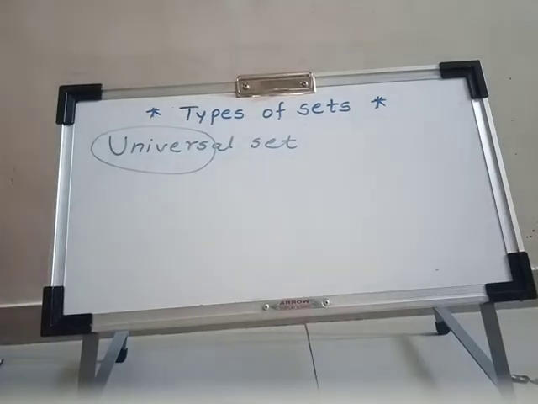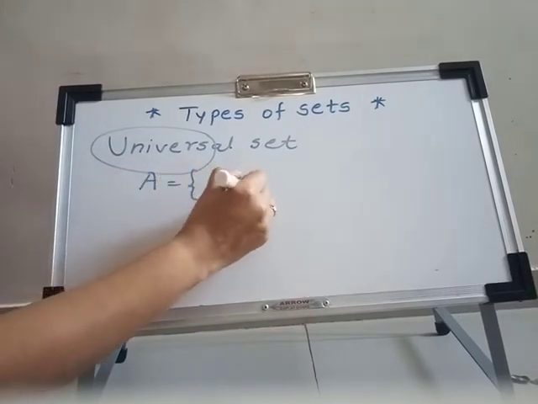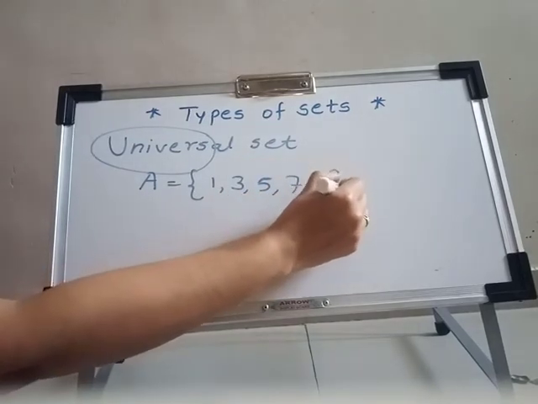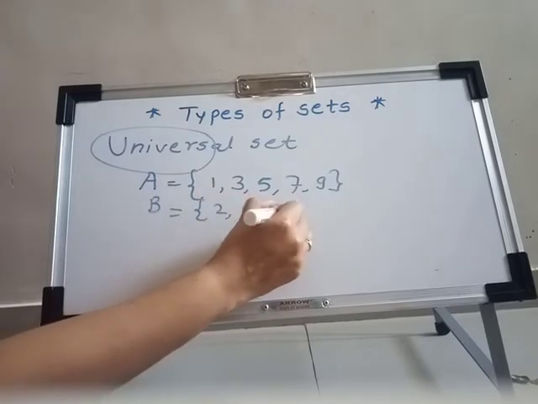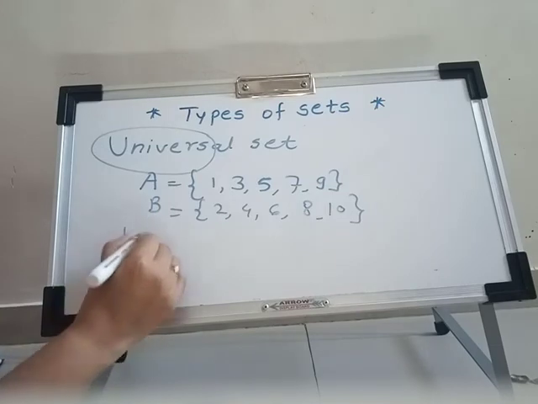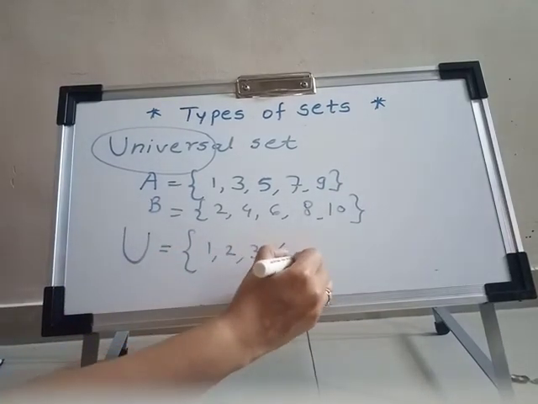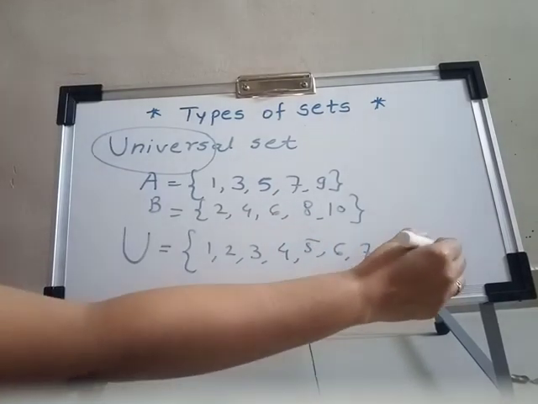Suppose set A has elements 1, 3, 5, 7, 9, the odd numbers, and set B has 2, 4, 6, 8, 10. Then our universe is 1, 2, 3, 4, 5, 6, 7, 8, 9, 10.